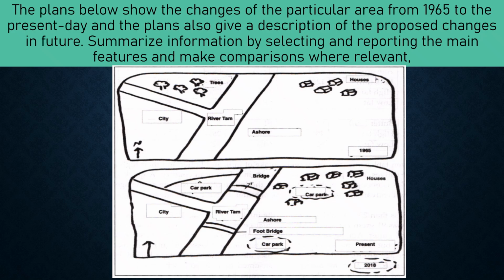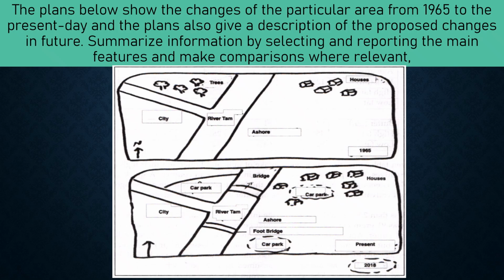And between this branch and the main river in the northwest, some trees were there, whereas in the southeast, a city was there. A few houses were there in the northeast, whereas the southeast area was totally barren. So this was the explanation of the old plan.